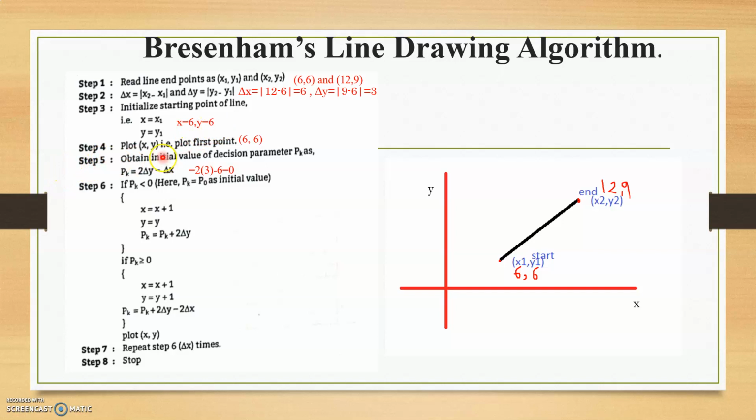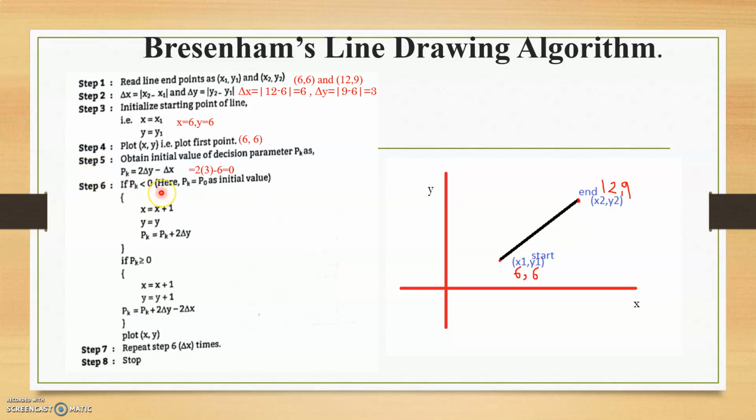Then step 4: plot x, y, that is, plot the first point 6, 6. On this graph you need to draw the point 6, 6.